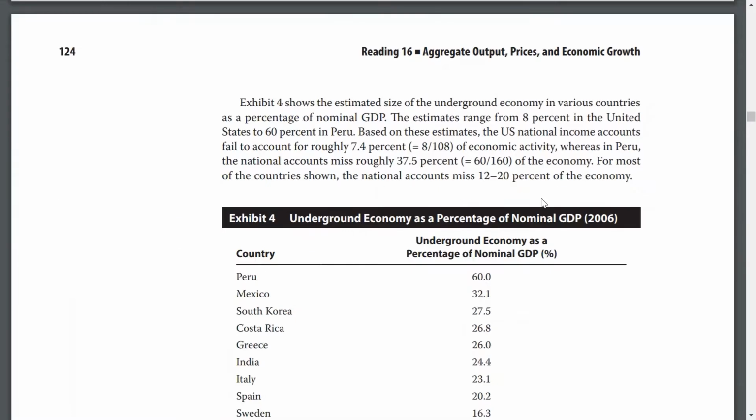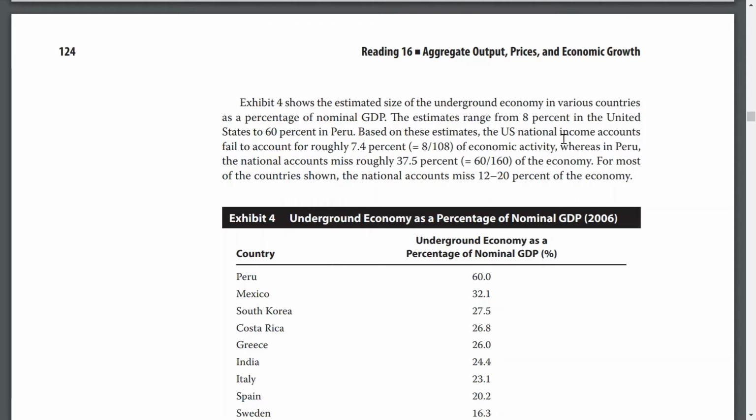Exhibit 4 shows the estimated size of the underground economy versus countries as a percentage of nominal GDP. The estimates range from 8% in the United States to 60% in Peru.